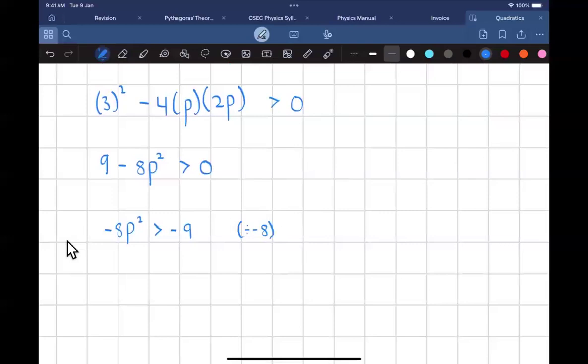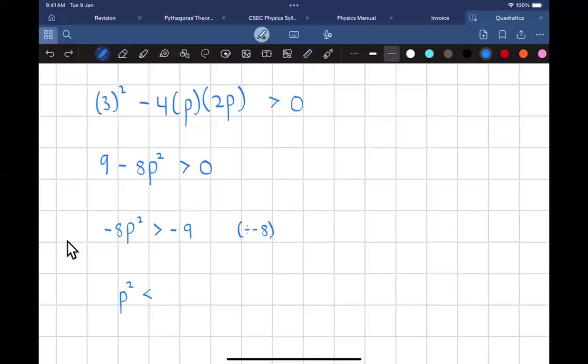Right, so from one step to the next, the sign will change. So p squared is less than minus 9. Wait, wouldn't the minus 8 change to a positive 8?